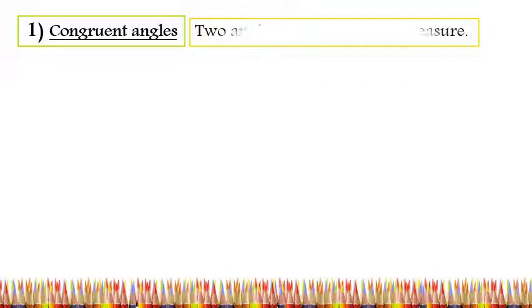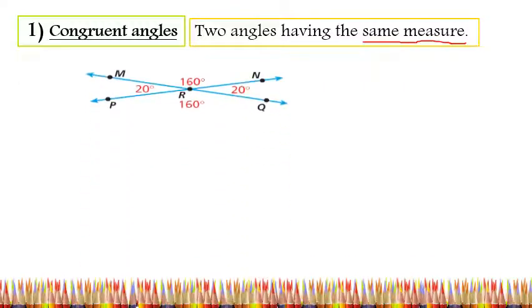Let's start with congruent angles. Congruent angles are two angles that have the same measure. The same measure means that they are equal to each other. For example, here, how to name an angle? We have angle MRN. We have to put the vertex in the middle, and then M and N at both sides.